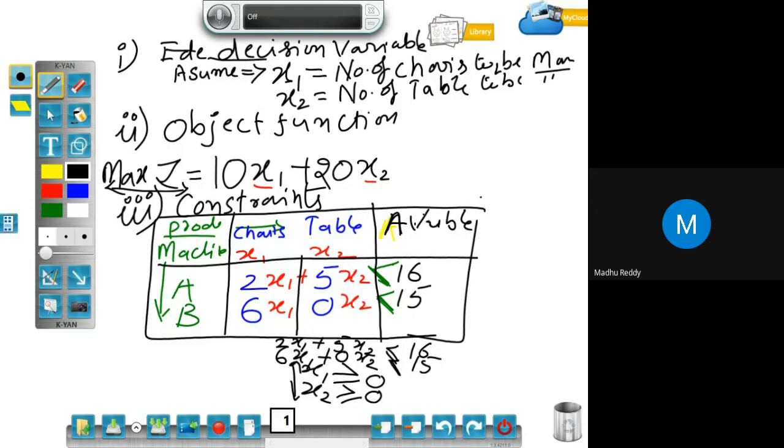So this is the problem we will specify as per the linear programming model. The complete problem we will write now, that is max z equal to 10x1 plus 20x2. These are the restrictions we are having.